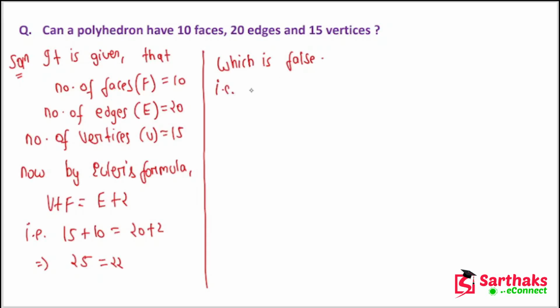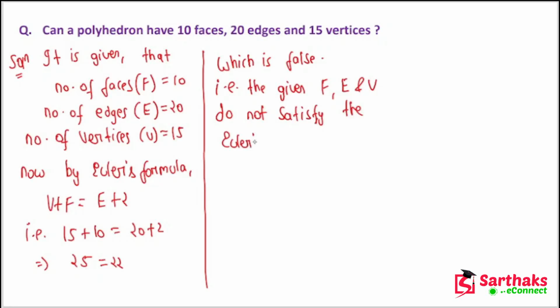That is, the given values of F, E and V do not satisfy the Euler's formula, right?